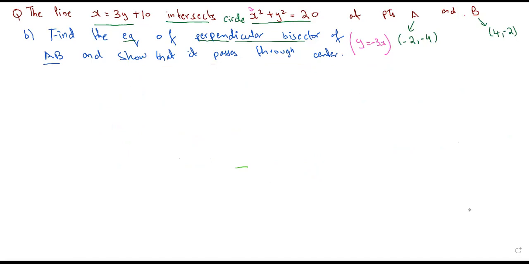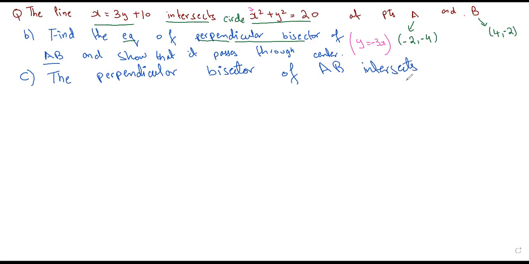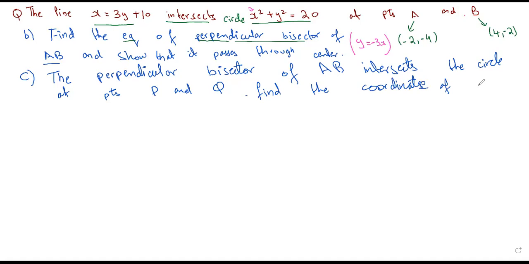Let's talk about, okay, the third part. So the third part says the perpendicular bisector of AB intersects the circle at points P and Q. Find the coordinates of P and Q. Okay.